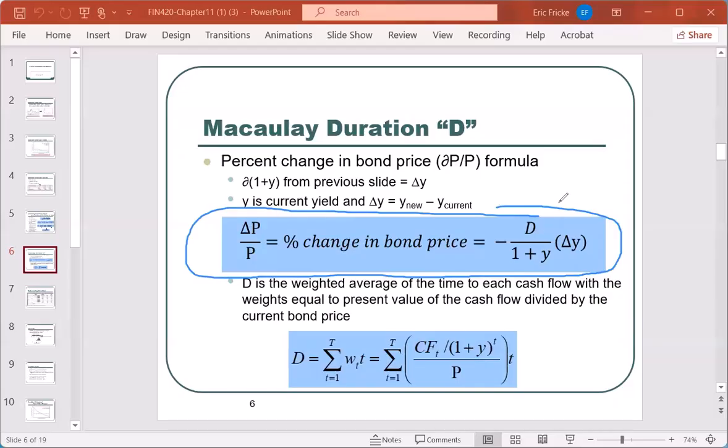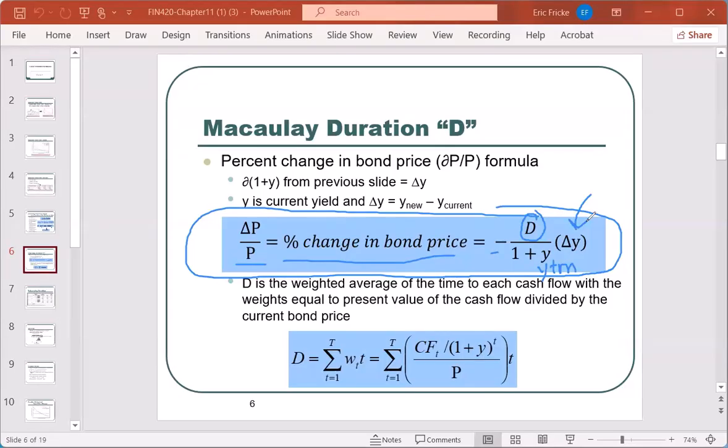This is delta P over P, the percentage change in the bond price. We need to know this letter D, the Macaulay duration. Then you have a negative sign, and it's 1 plus the current yield to maturity of the bond. Y is the yield to maturity, and delta Y is the presumed change in the yield.